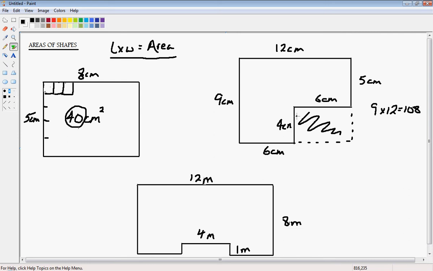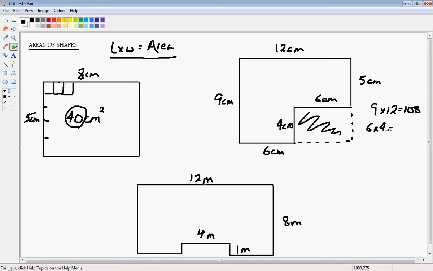So 9 take away 5 gives me 4. So this distance here must be 4 centimeters. 5 plus 4 gives us the 9. So now I know the length and width of this little rectangle.